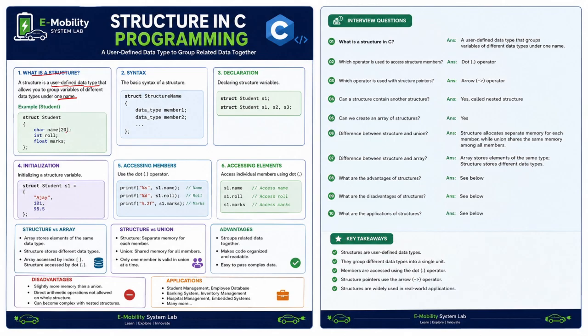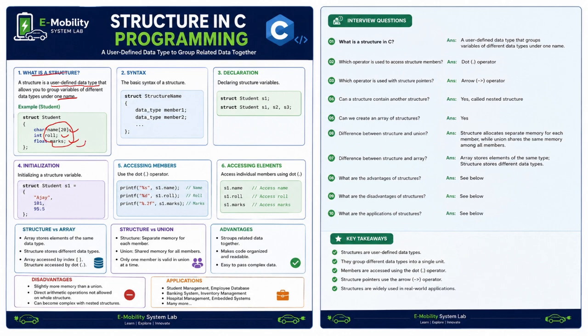You can group the variables of different data types in a structure. Here you are able to see different variables like name, roll number, and marks, and the data types of these variables are different.